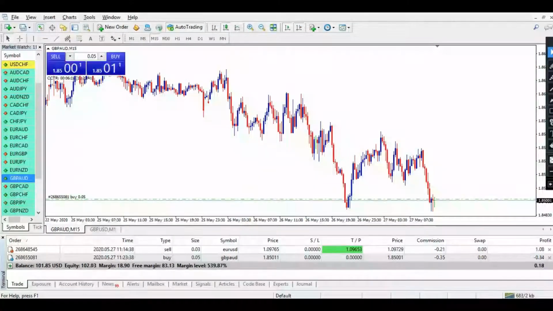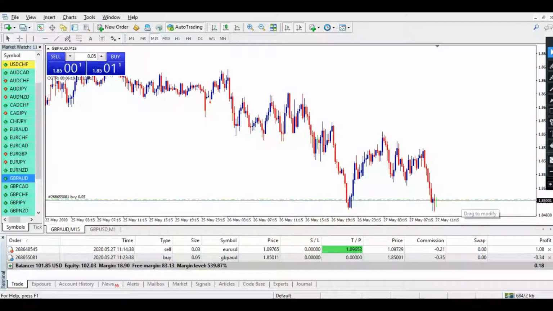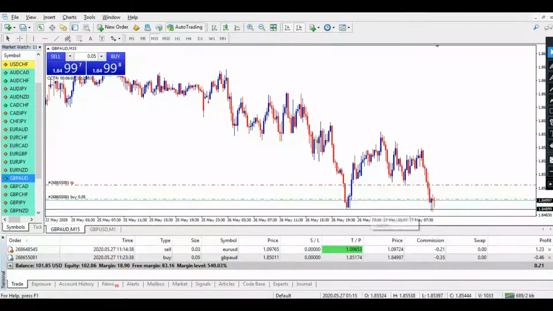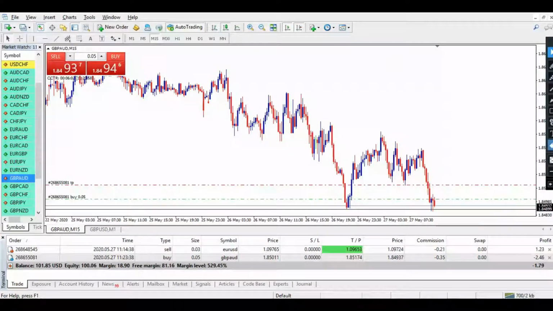Okay, and I won't take much profit. This will be my take profit, which is 16 pips, well enough. And if the price goes beyond this particular line and creates any bearish candle like this, then I will simply close my trade in loss.